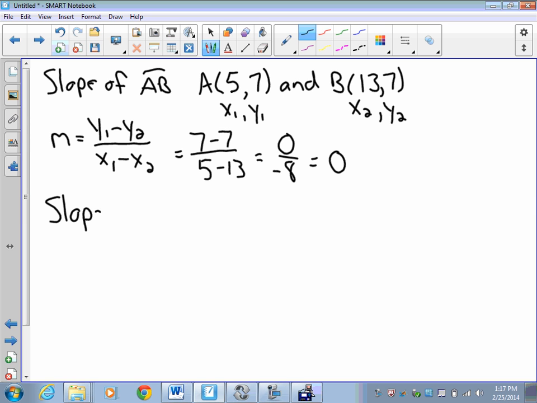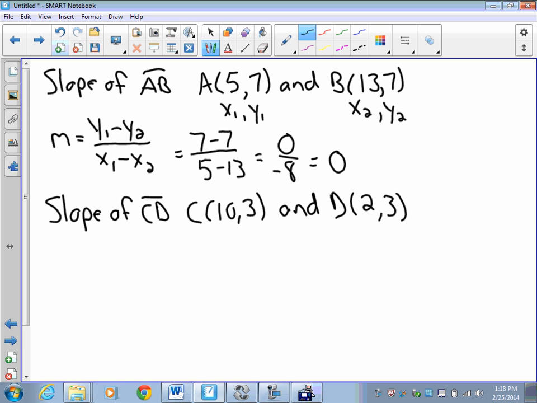The slope of CD, where C is (10, 3) and D is (2, 3). Again, we use that same slope formula. This time, this is x1, y1, and this is x2, y2.